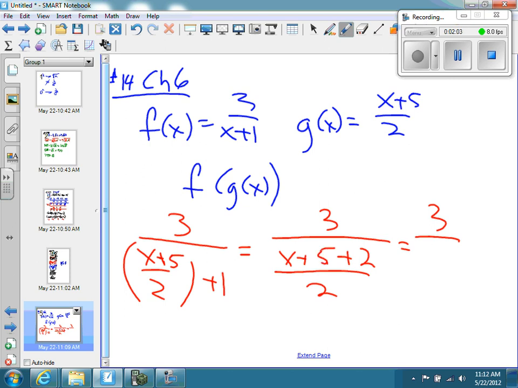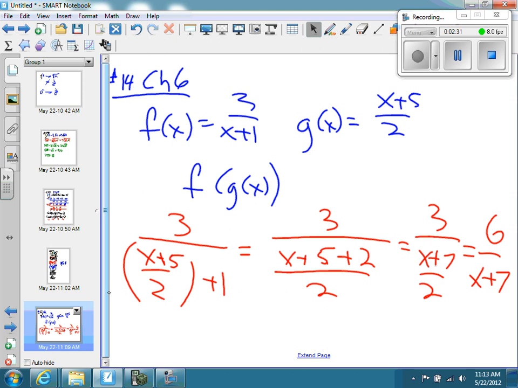Okay, so I have 3 over (x plus 7 over 2), which is equal to 6 over x plus 7. I multiplied the denominator by its reciprocal and the numerator by the reciprocal.